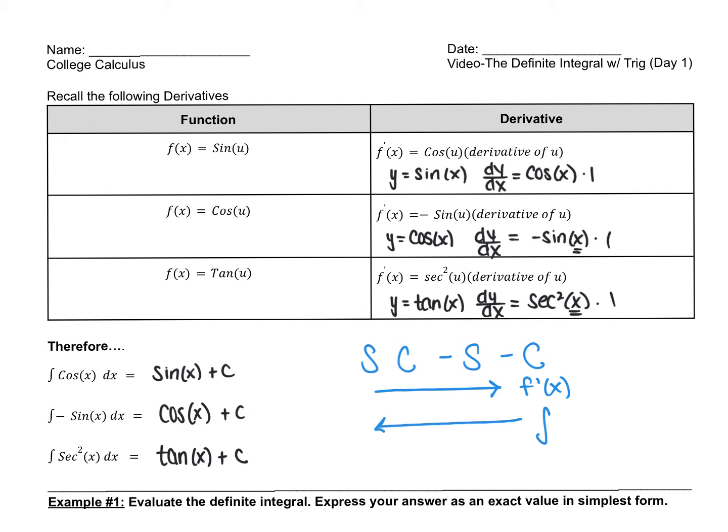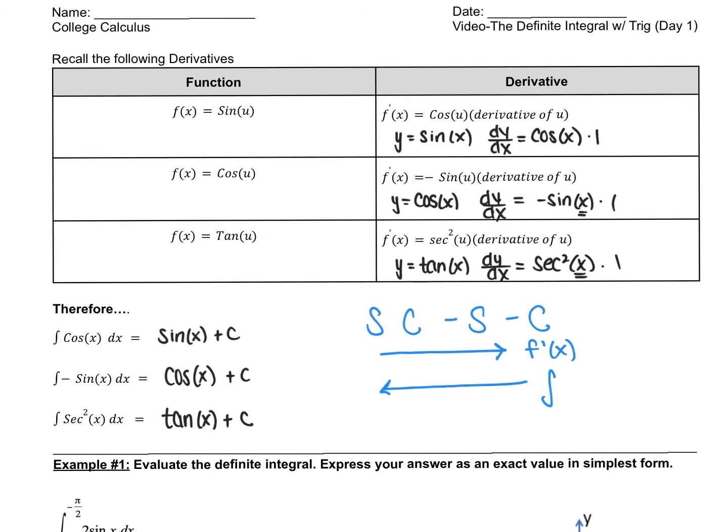If I want the integral of cos, I go backwards to sine. If I want the integral of negative sine, I go backwards to cos. And that's my answer. So you just read them backwards for integrals, forwards for derivatives. And obviously the antiderivative of secant squared is tangent. That one you'll just have to memorize.